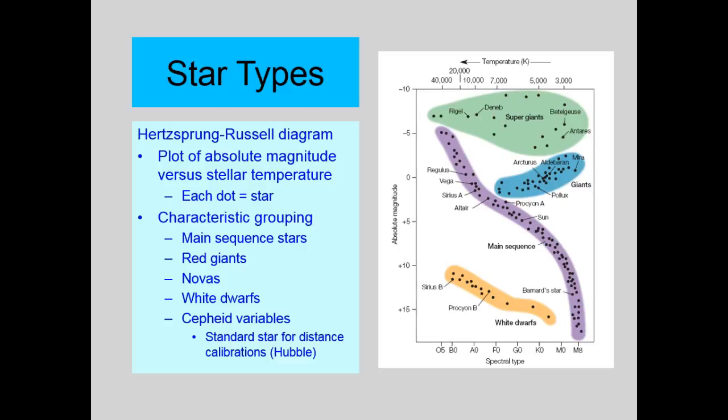The red giants are the blue stars, just called giants there. The novas are the supergiants that are going to ultimately become supernovas. The white dwarfs are the ones down here, and super variables. Where in the world is this? I don't know. It's not on the diagram here. These are standard stars for distance calibration, and that was Hubble, who they named the telescope after. Edwin Hubble, big name in astronomy.